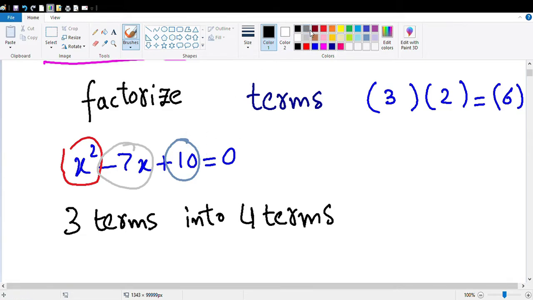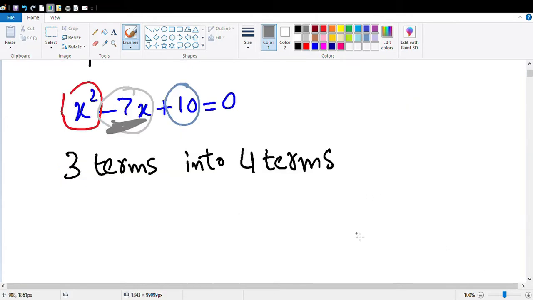In this you can see the middle term is the x term, which is minus 7x, right? This term we are going to be splitting into 2 so that in all there are 4. And when that happens, by splitting the middle one, we are going to get some terms that are common.